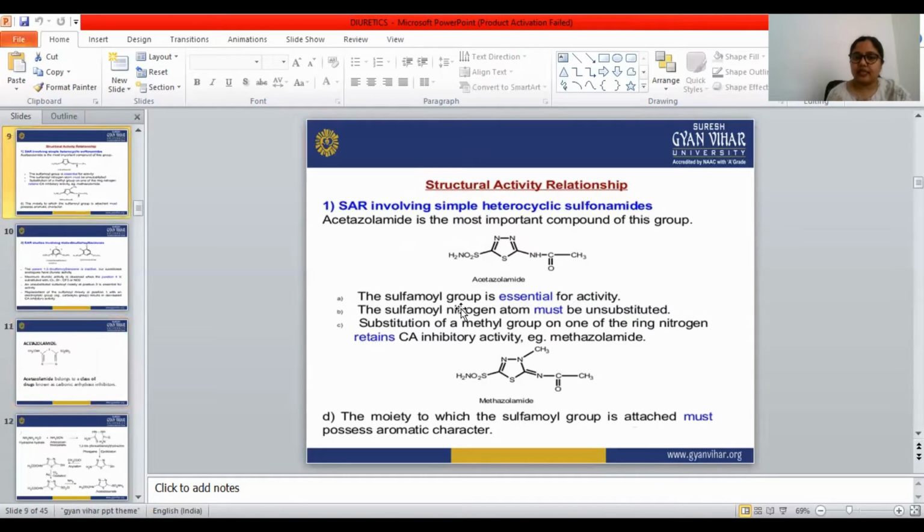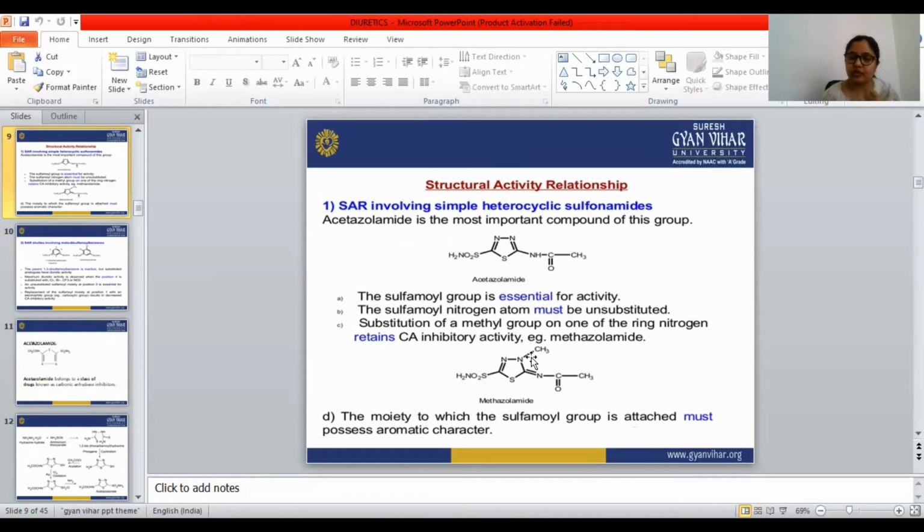So this is the SAR of the heterocyclic sulfonamide. So this is very easy. This sulfamyl group is necessary for the activity of the carbonic anhydrase enzyme, and the sulfamyl nitrogen group must be unsubstituted. If we are introducing a methyl group to one of the N nitrogen atoms, that also shows carbonic anhydrase enzyme activity, and the drug's name is methazolamide.